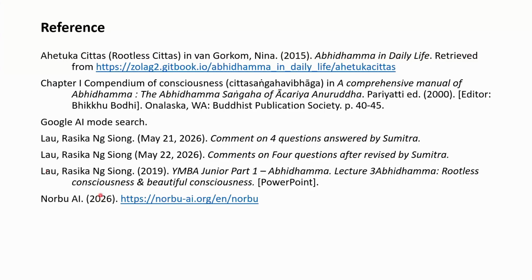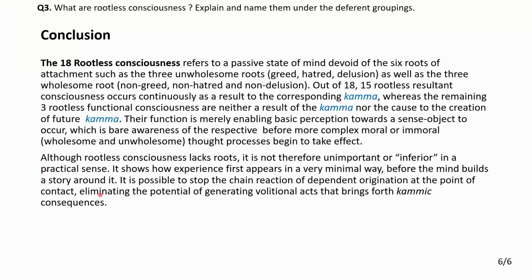Sumitra, can I add something here? Sure. Back to your summary first, your conclusion. Maybe in a way, I also agree. It's quite difficult to link the dependent origination to this; you might as well take off that statement to minimize the controversy.